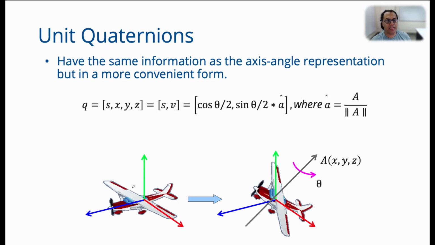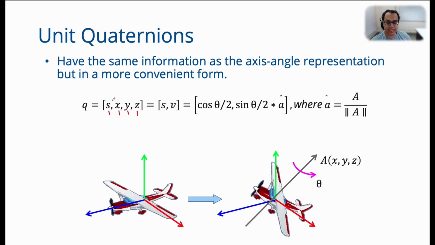There is another 4-parameter representation of rotations that I am going to talk about very briefly, that is known as unit quaternions. So unit quaternions are represented by a 4-vector S, X, Y, Z. This is just a vector that has 4 components. It is a vector of unit norm.